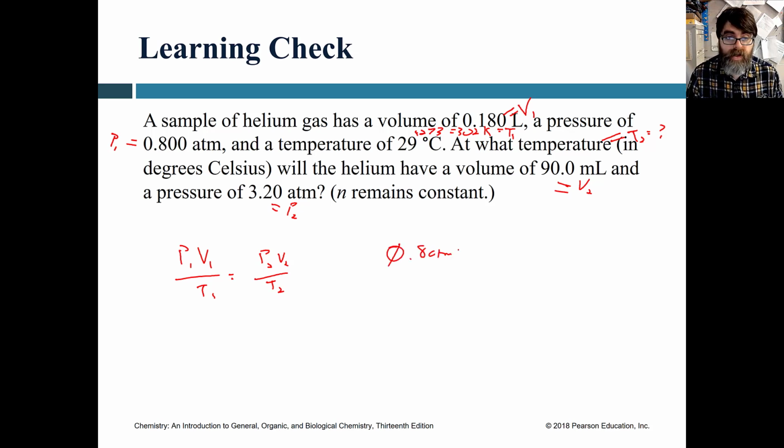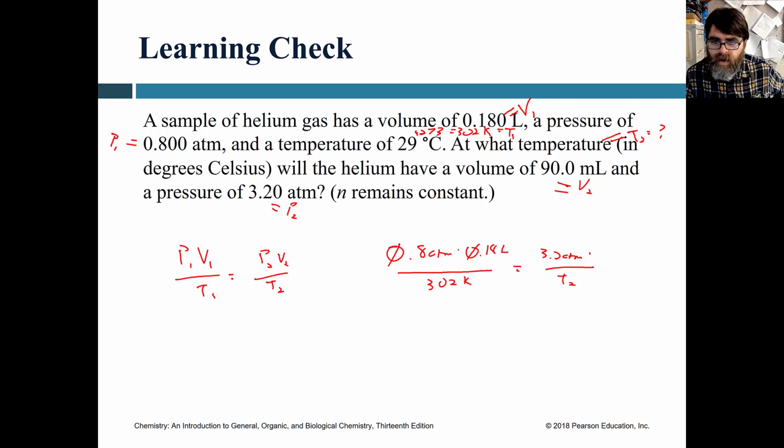At this point, it's just plugging into the formula and then doing the algebra. And so 302 Kelvin is equal to temperature 2 is what I'm solving for, pressure 3.2 atmospheres, and 90 milliliters. I wouldn't have caught this normally.